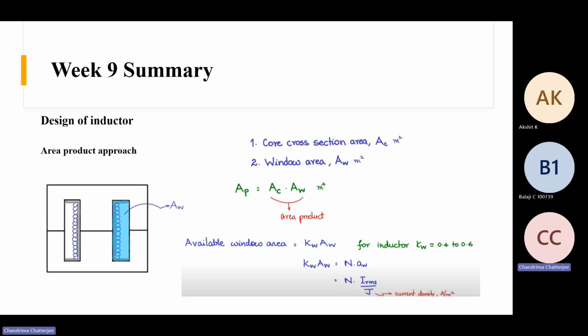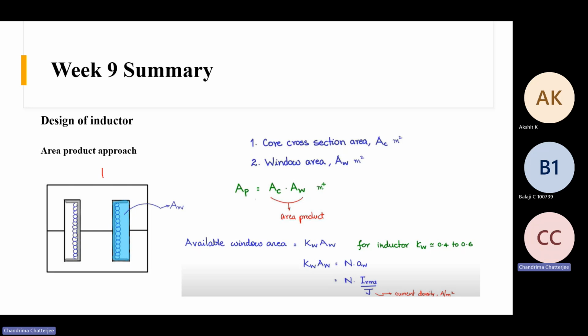So now we shall start the steps of designing the inductor. This is the figure of an EE core. Why E? Because this is the shape of the alphabet E. This is one E and this is another E. So this whole assembly is called an EE core.